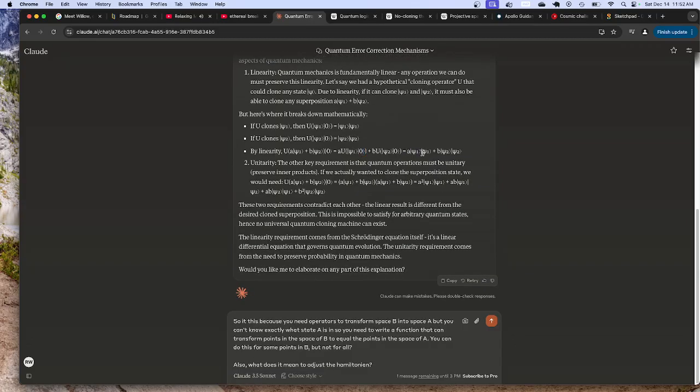Oh, so it becomes the probability of both points plus the probability of both points, not of an individual.